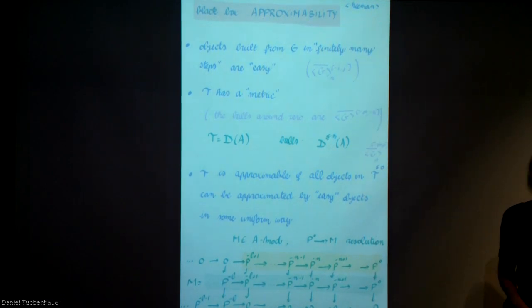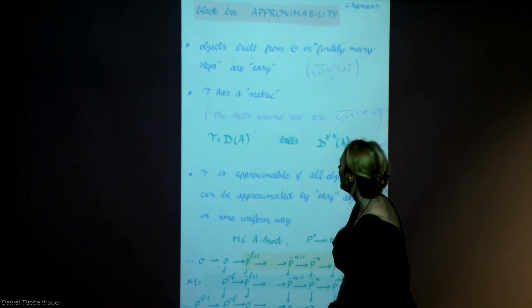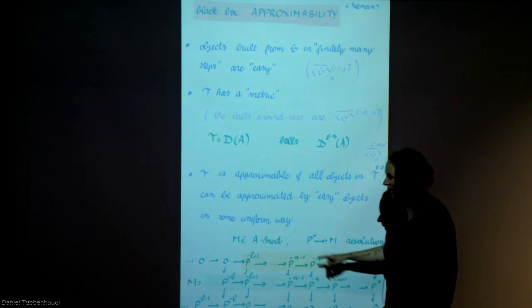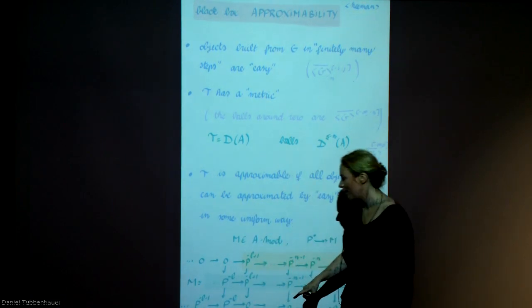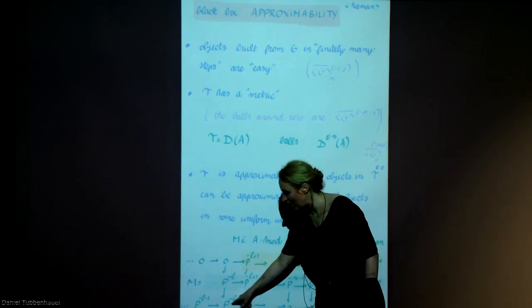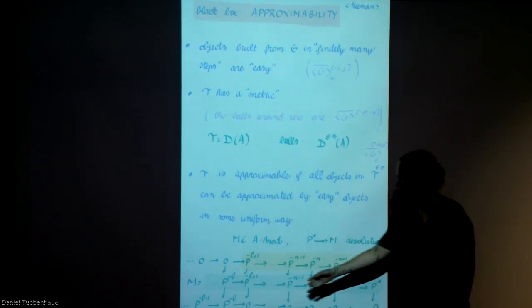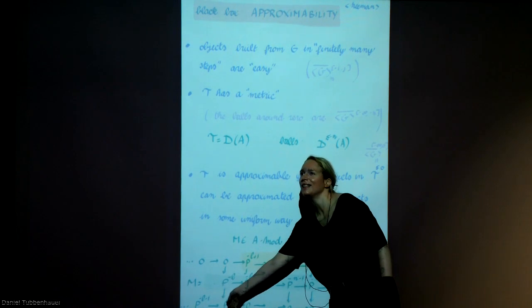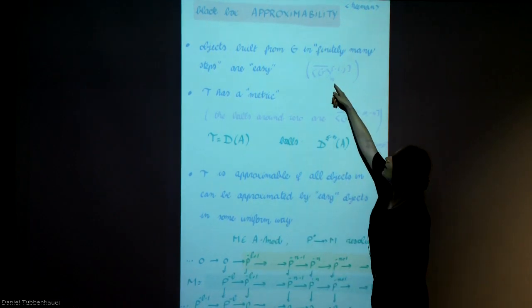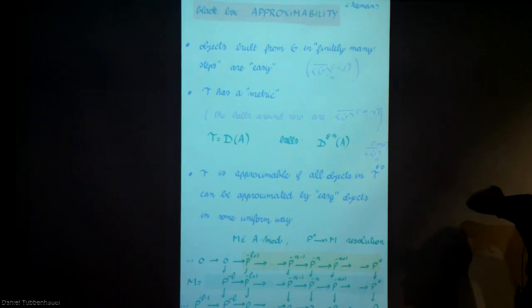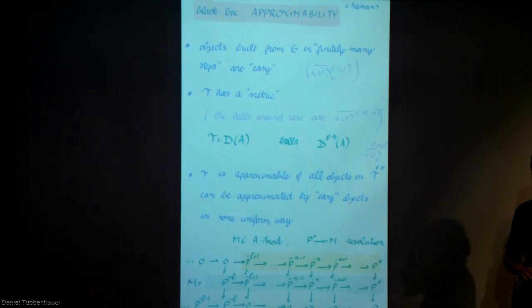Sorry, can you say what uniform way? So that means that if I choose, say, this here, I am approximating up to minus L here, then I can choose my n and my i and my j in a way that only depends on L and does not depend on the object.